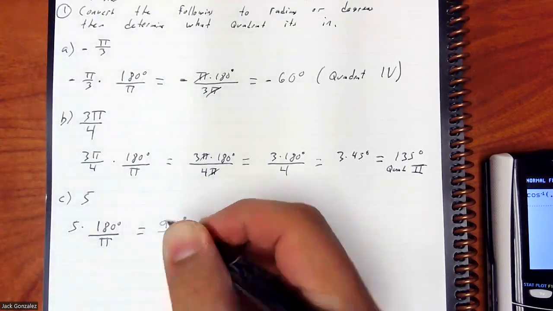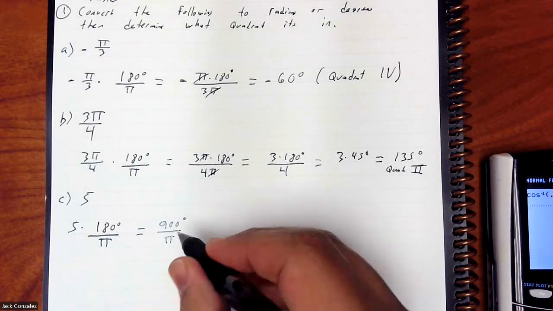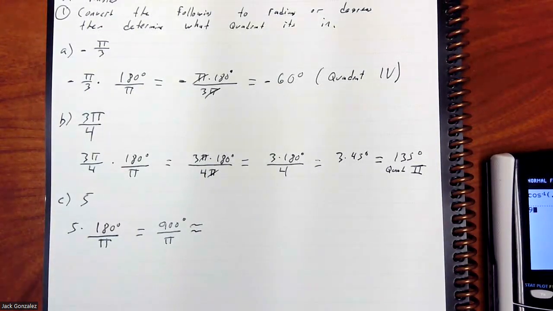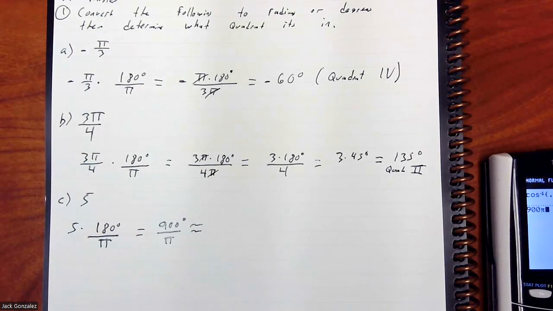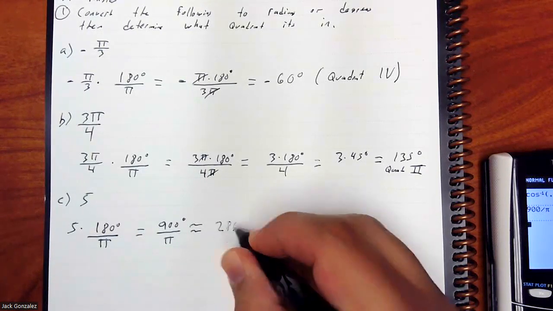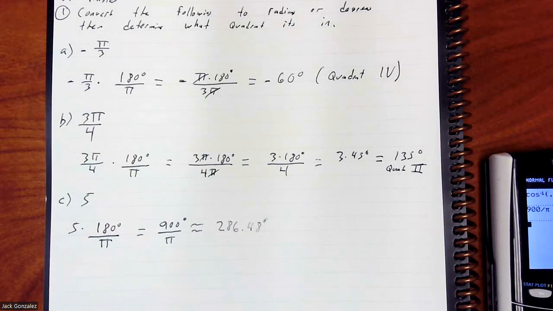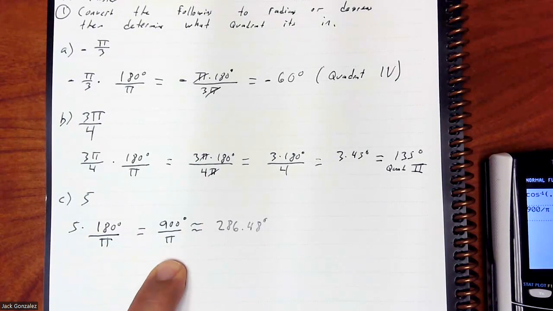So at this point, that's all you can really do, unless you change it into decimal. So it's still a weird number. If you divide it by pi, the approximation would be 286.48 degrees. Okay. I'll take either one, it doesn't matter. What matters is, did you show the work to convert? That's it.